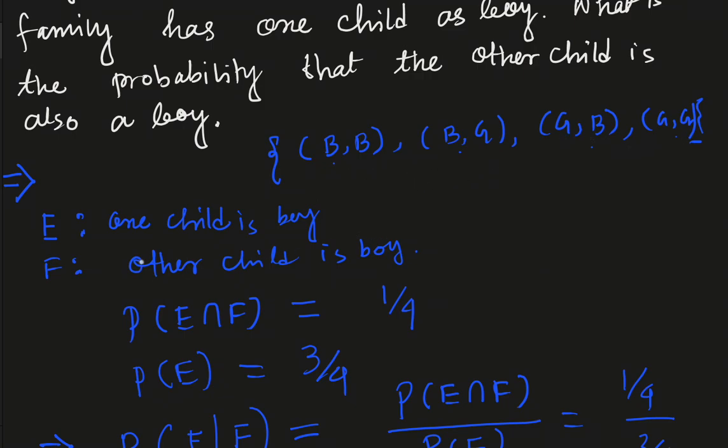Now out of them, how many events contain that one of the children is a boy? You can count 1, 2, 3, only 3 of them.